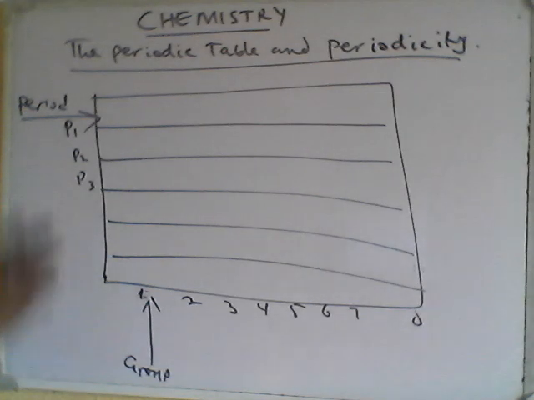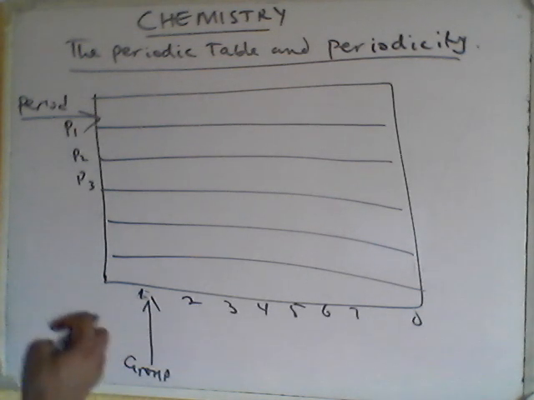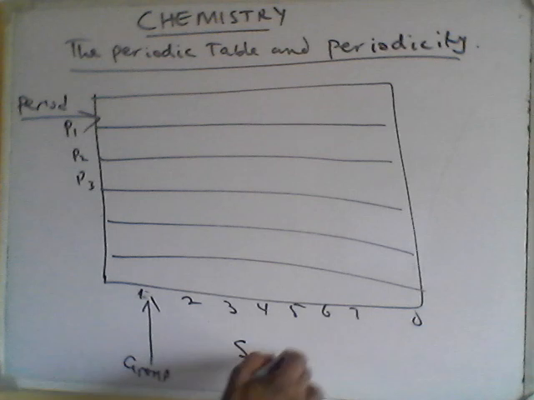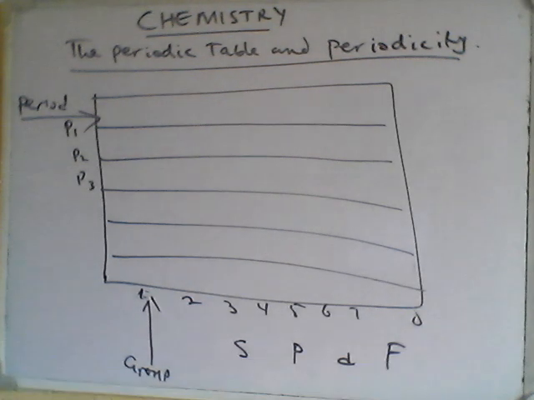In periods 1 to 7, the elements have increasing atomic number across the rows. You have blocks S, P, D, and F, based on electronic configuration. So we'll look at these salient properties of the periodic table.